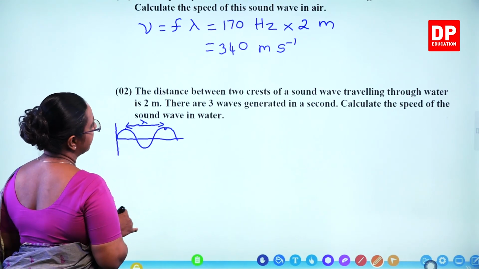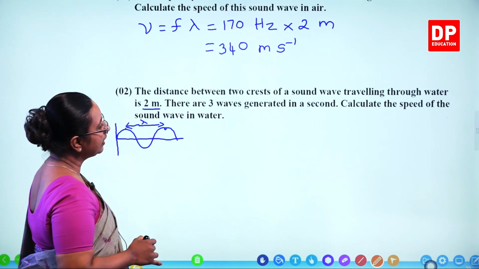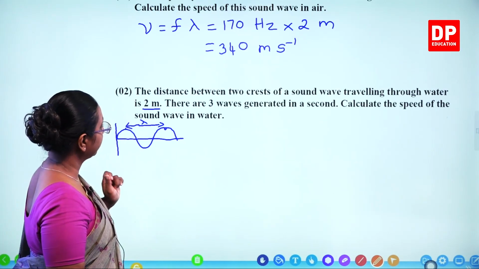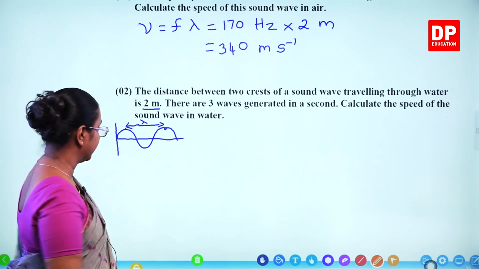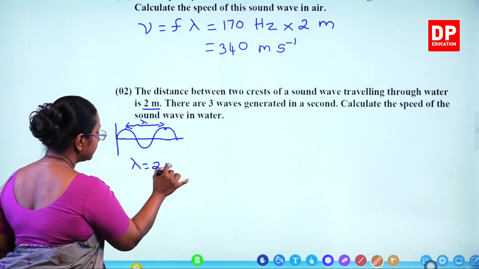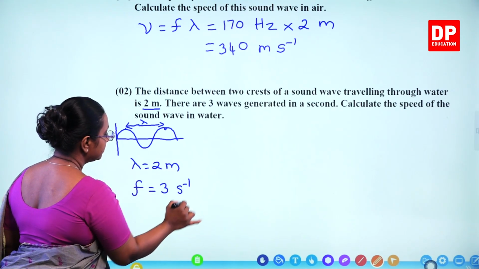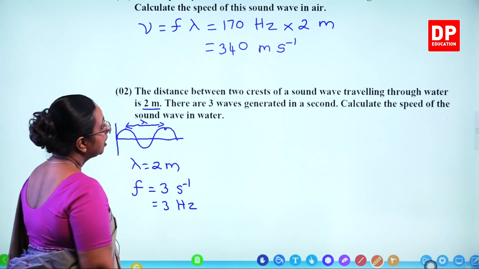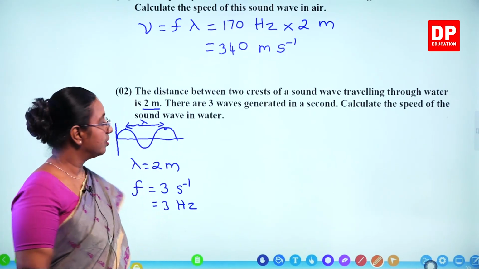That is the lambda. So here they say it is 2 meters. So the wavelength of the wave is 2 meters and there are 3 waves generated in a second. That means lambda equals 2 meters and the frequency is equal to 3 per second or 3 Hertz. So we need to calculate the speed of sound in water.